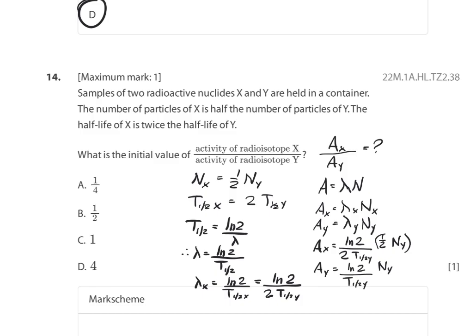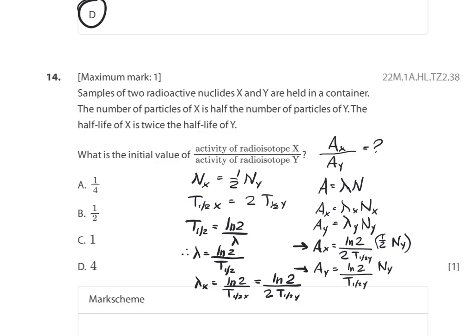We know that Nx is 1/2 Ny. And if the half-life is natural log of 2 over lambda, then lambda is natural log of 2 over the half-life. So the lambda of x is natural log of 2 over 2 times the half-life of y. And so I did that over here on the right with A of x and A of y.